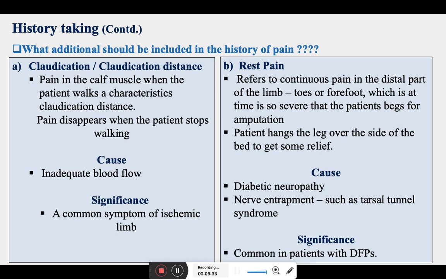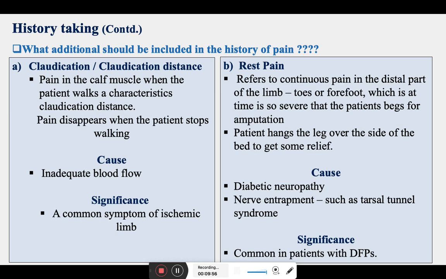And it occurs because of inadequate blood supply. And the significance, it is the commonest symptom of ischemic limb disease. The example which we can consider is TAO, that is thromboangiitis obliterans, and of course vasculopathy associated with diabetes.